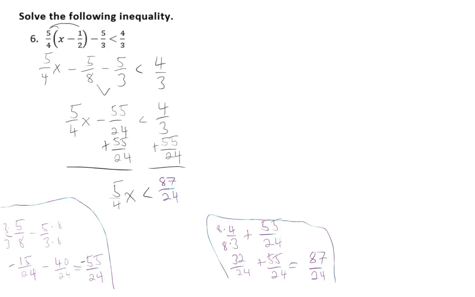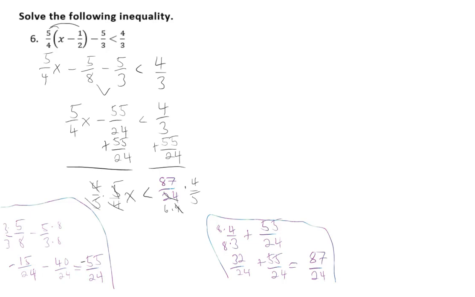So now we need to multiply by the reciprocal. So the reciprocal of 5/4 would be 4/5. So let's multiply by 4/5. 4 cancels 4, 5 cancels 5. 24 is 6 times 4.